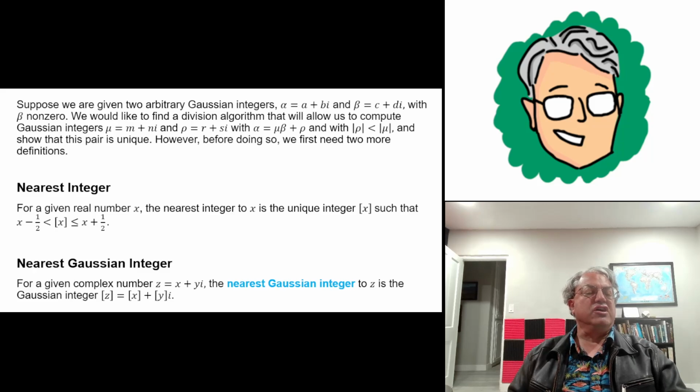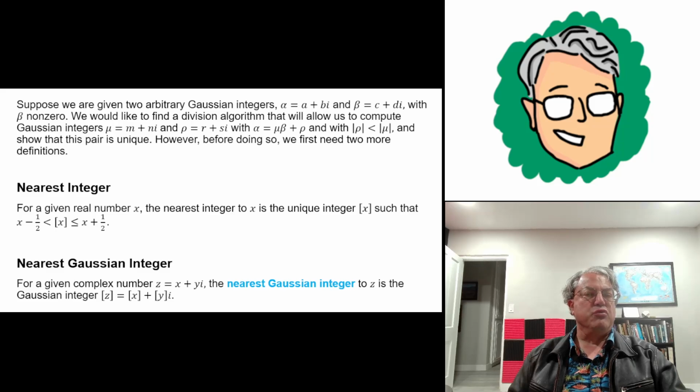So anyway, how can we define a nearest Gaussian integer? Well, it's actually pretty easy. If z is an ordinary complex number, x plus yi, where x and y are now real numbers, the nearest integer to z, which we write as round z with brackets, the same way we did for real numbers, that's just x with brackets plus y with brackets times i.